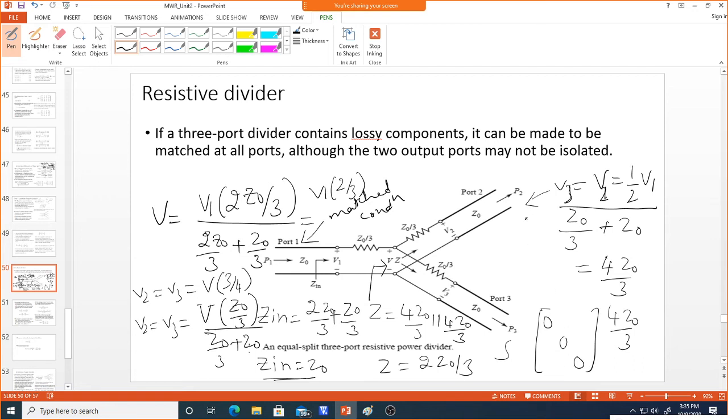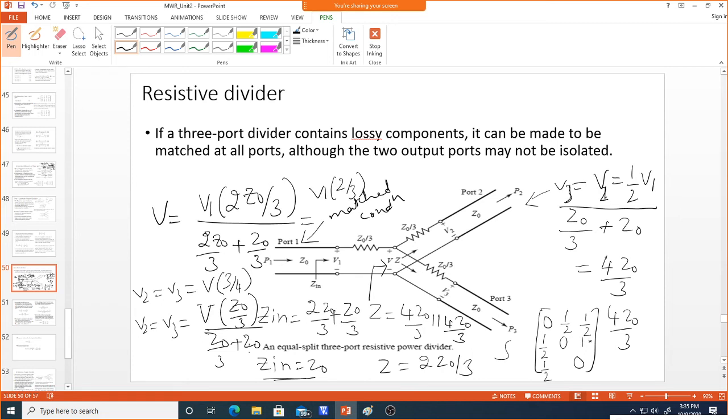And the power is divided between port 2 and port 3, so that is half of the power. So between 1 and 2 and 1 and 3, you can write it as half. And since the network is symmetric, S12 equal to S21 and S13 equal to S31.